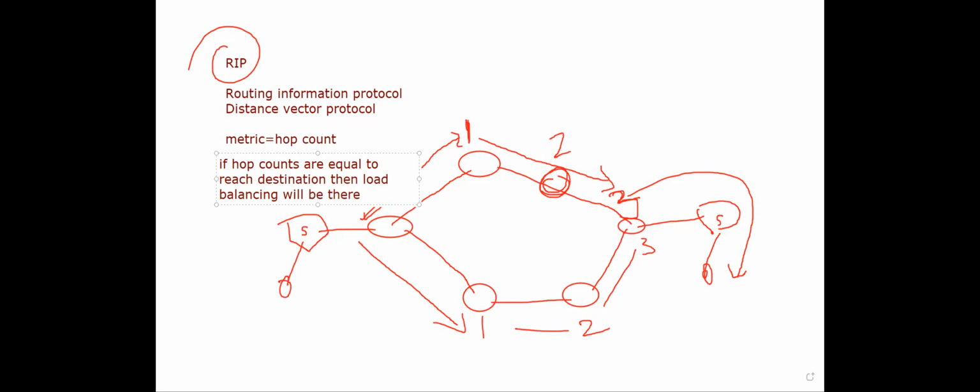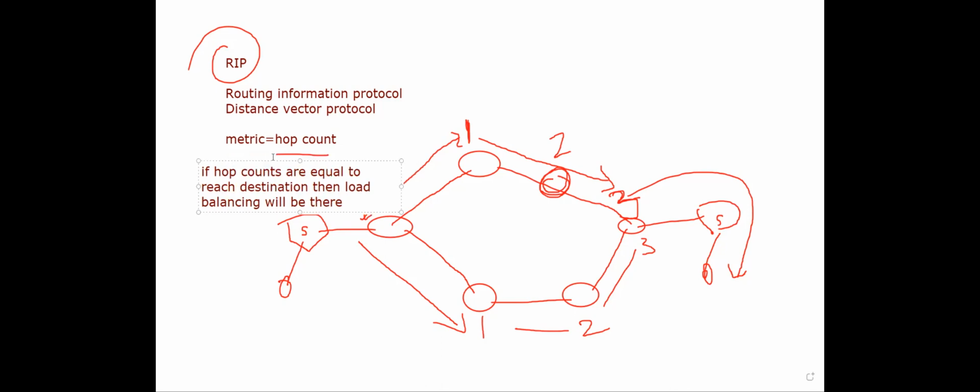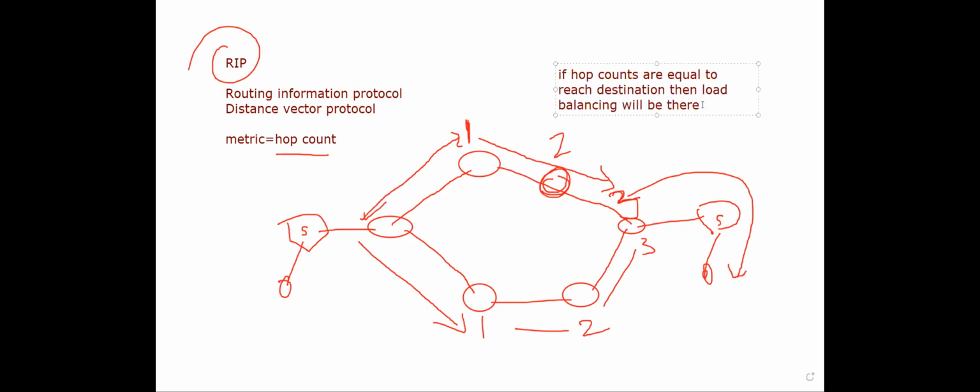Load balancing means both routes will be installed in the routing table. If hop counts are equal and the AD value is the same, this is the condition for that.